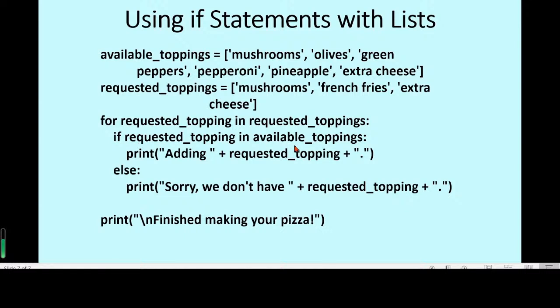If this test is true, then we print that we're adding this requested topping. Otherwise, if this requested topping is not in the available toppings list, then we will run another message. We tell the customer, sorry, we don't have this topping.